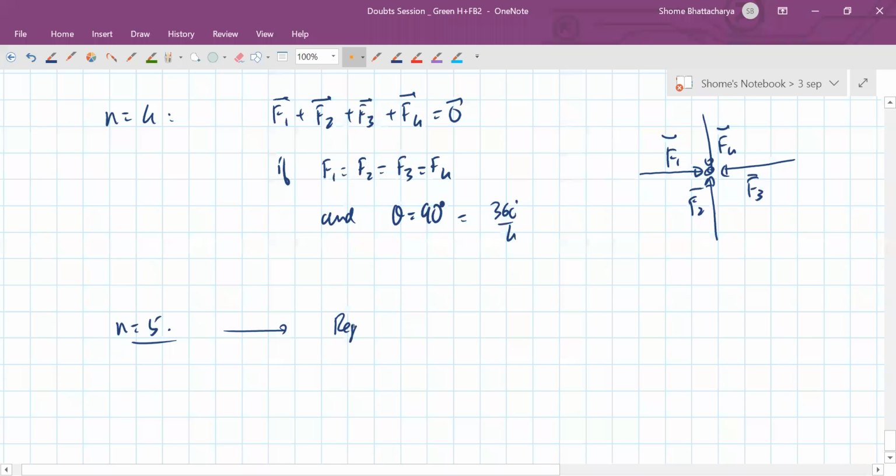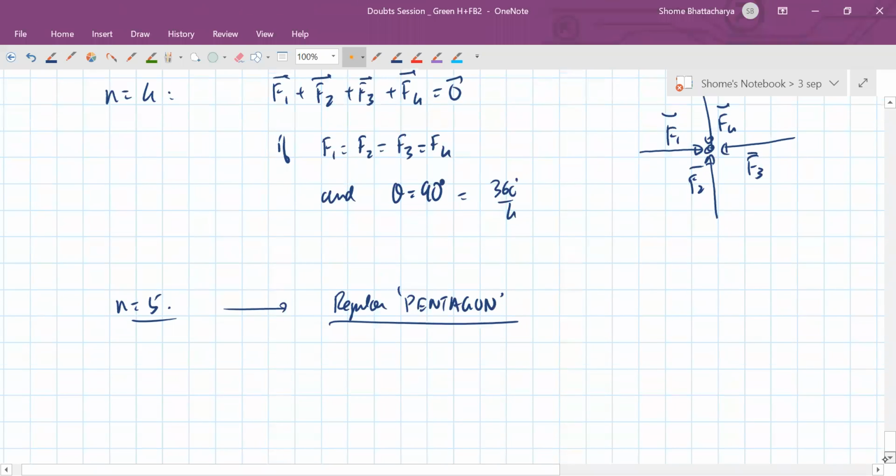Now if you take the case of n equal to 5, you are taking the case of a regular pentagon. So what will happen in the case of a regular pentagon?